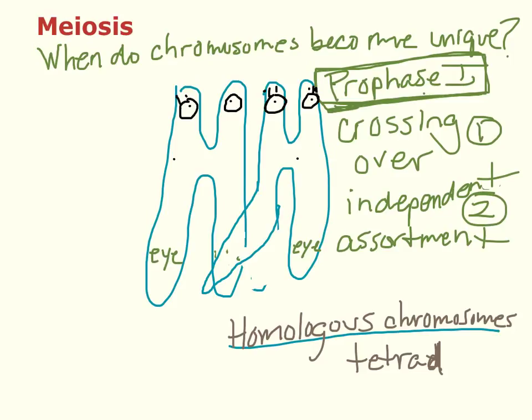So this one could be on the right, and this one could be on the left, or they can switch places. And that's independent assortment. Lining up right or left. And it's not really right or left, but it could be up and down or whatever.